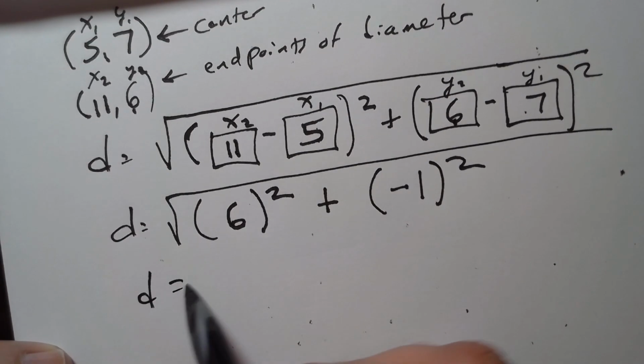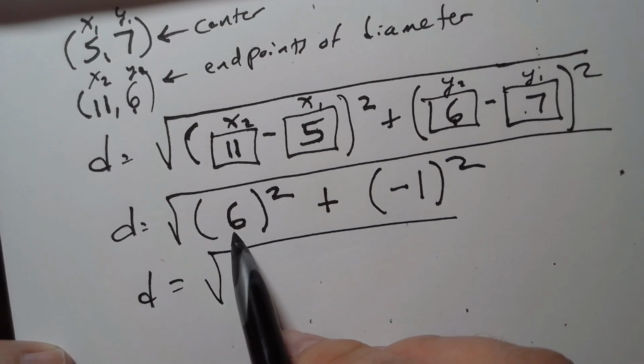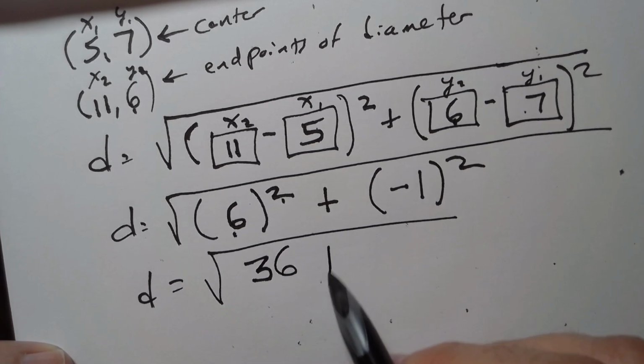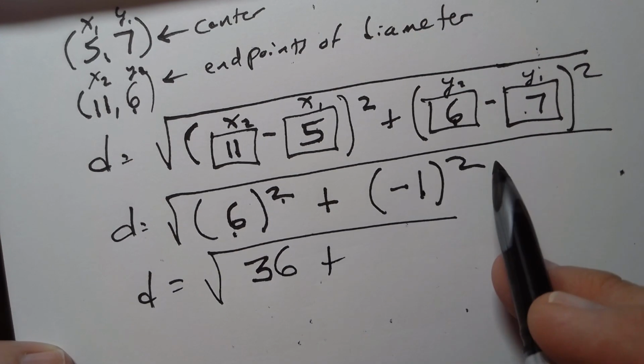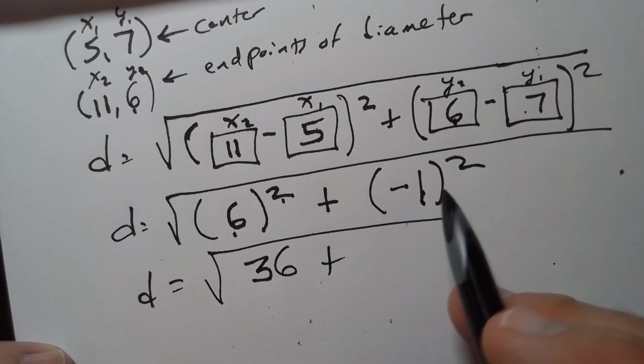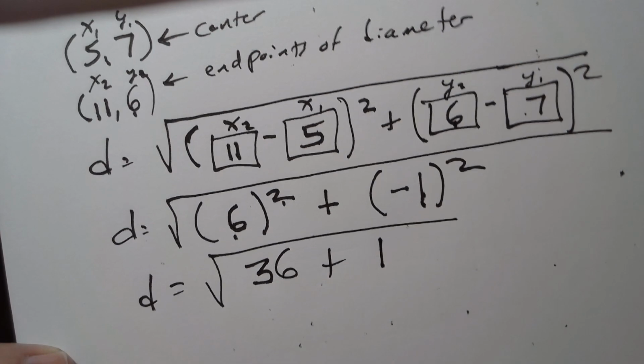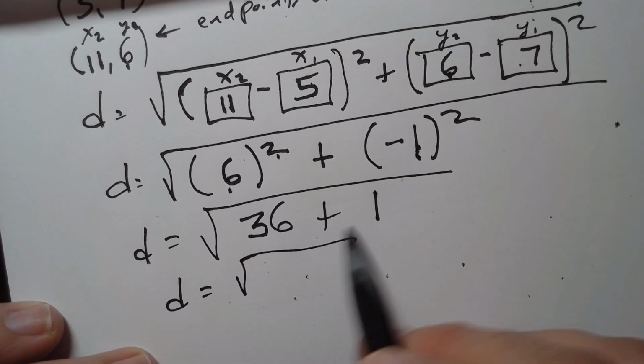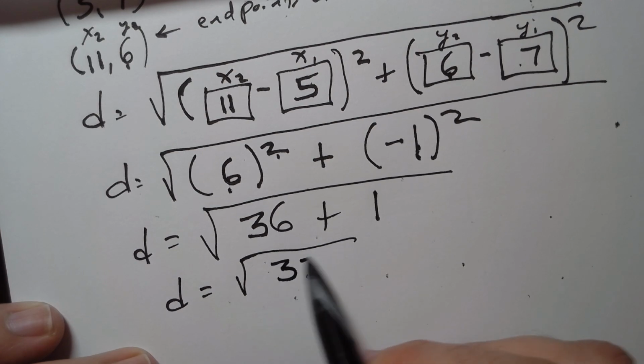Our distance is equal to the square root of 6 squared, so that's 36, plus negative 1 squared. A negative 1 times negative 1 becomes a positive 1. So then we've got the distance is equal to the square root of 36 plus 1, which is 37.